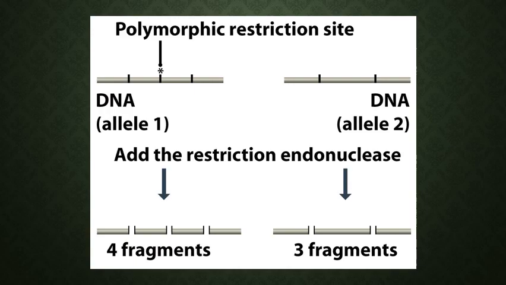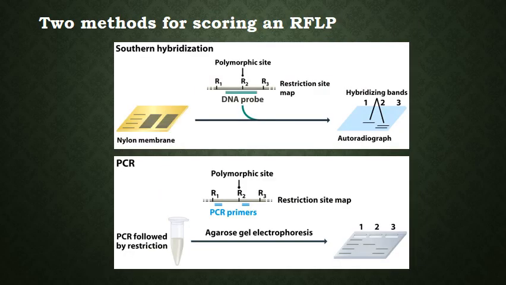Okay, now we come to the method. There are two methods for scoring the RFLP. One is the Southern hybridization, which I have shown you, and another is the PCR method. So you have to digest completely with the restriction enzyme, then a particular probe is used.